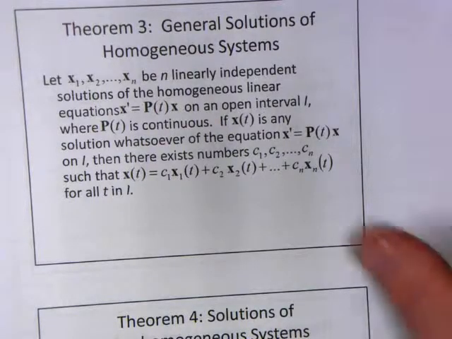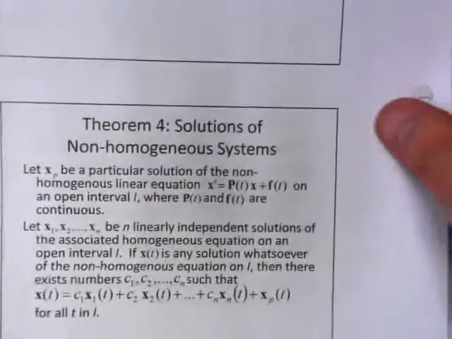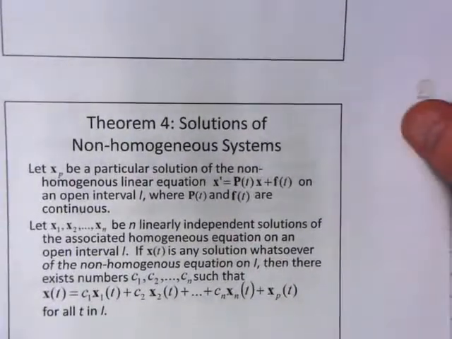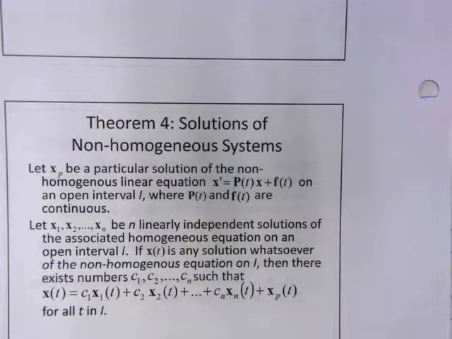And then finally, what if you have a non-homogeneous system? Then what do you need to find? Well, in chapter 2, when we had non-homogeneous solutions, what did we have to do?